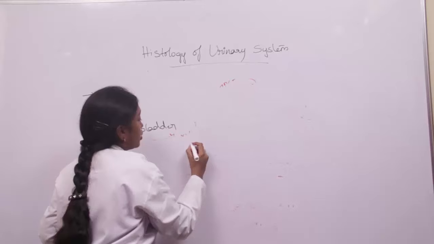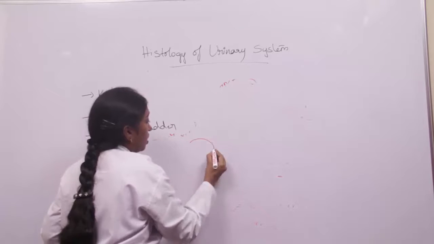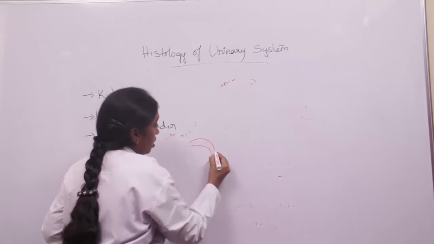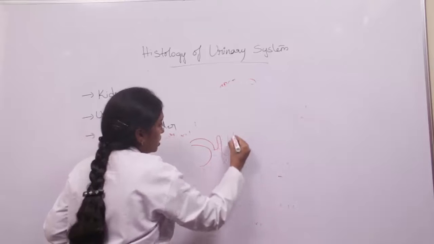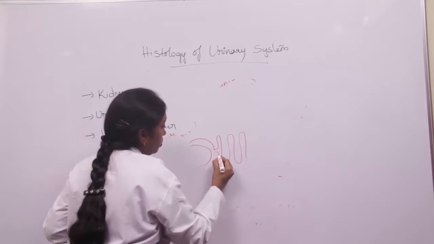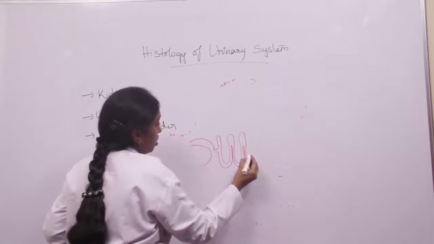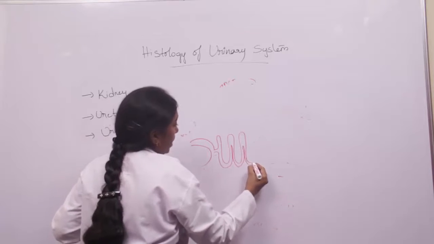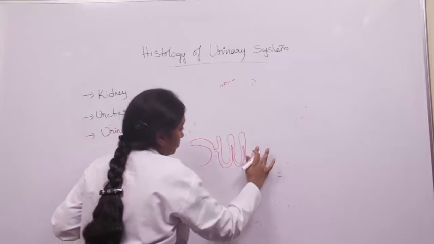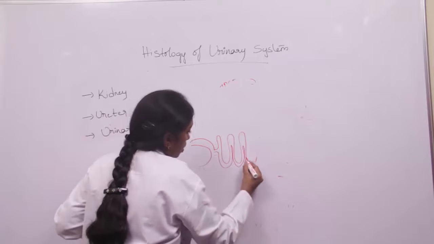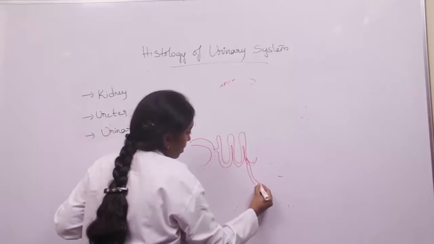When we take the section of a nephron, this is the proximal convoluted tubule, and this is the loop of Henle.